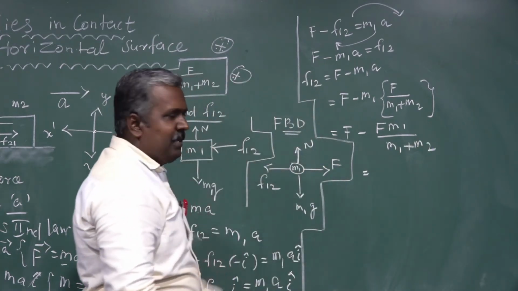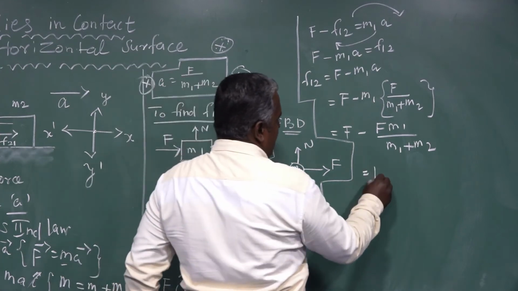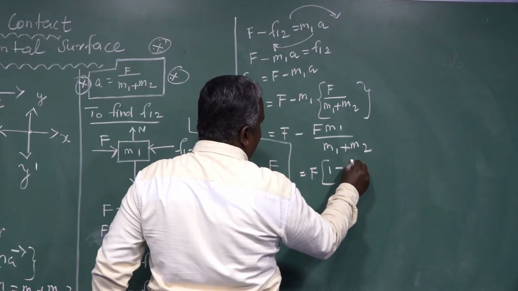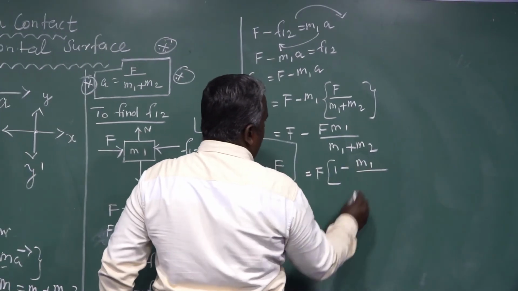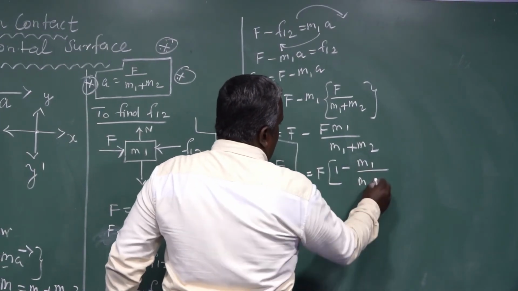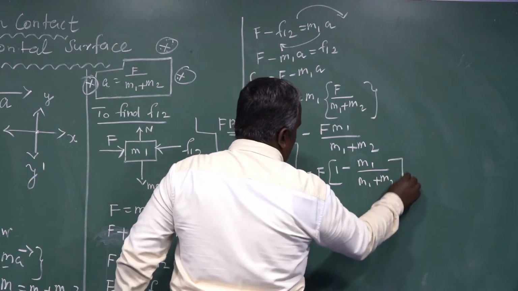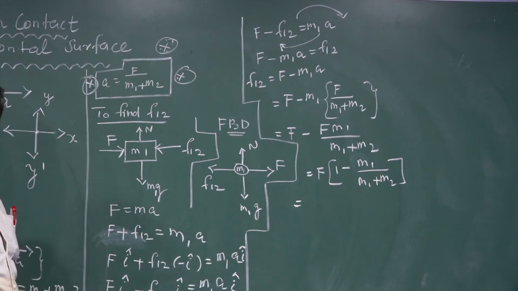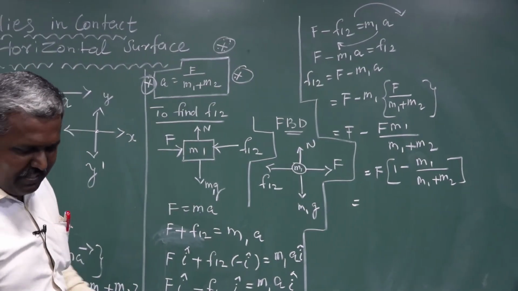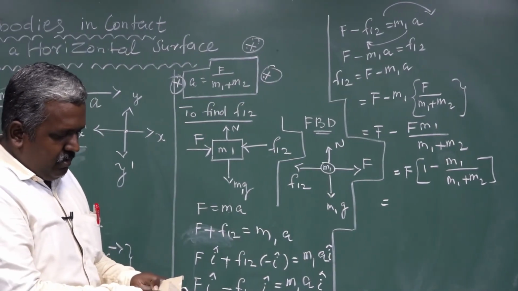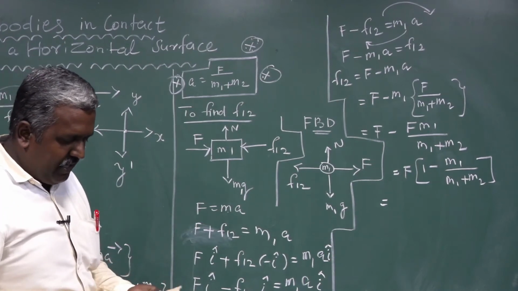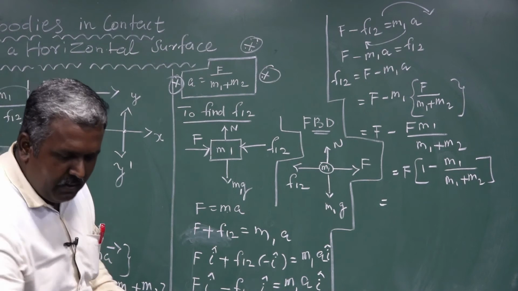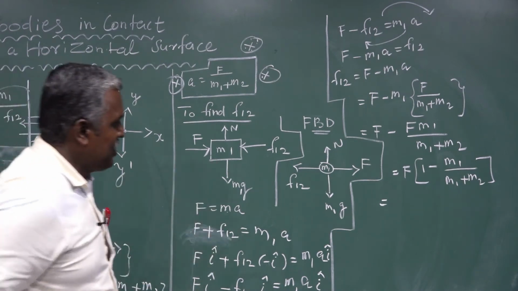Taking capital F outside, what is the remaining? 1 minus M1 by M1 plus M2. Next step? Try yourself, taking cross multiplication.